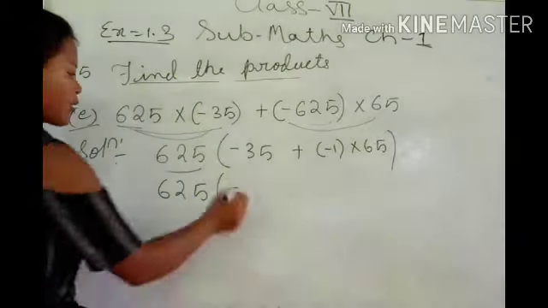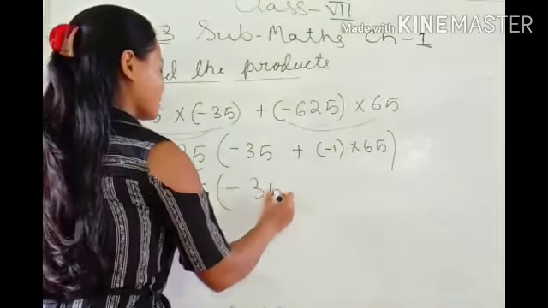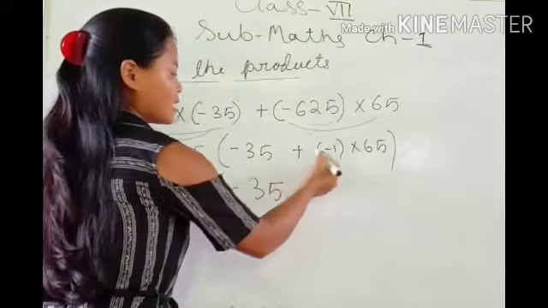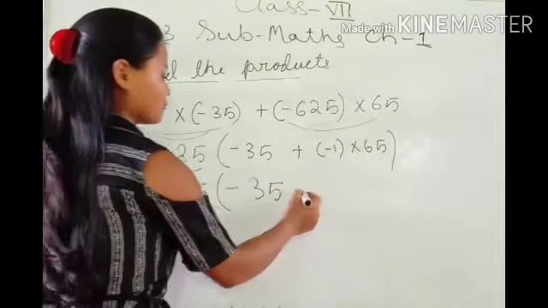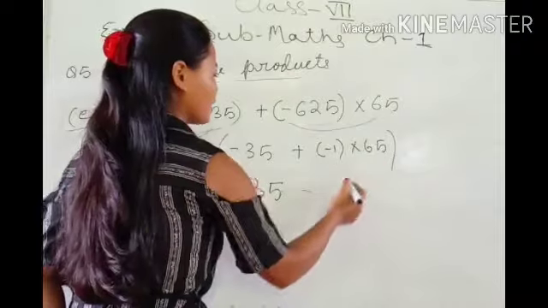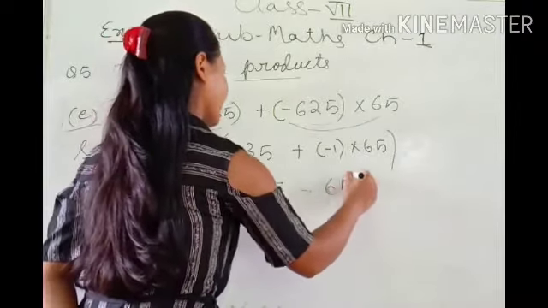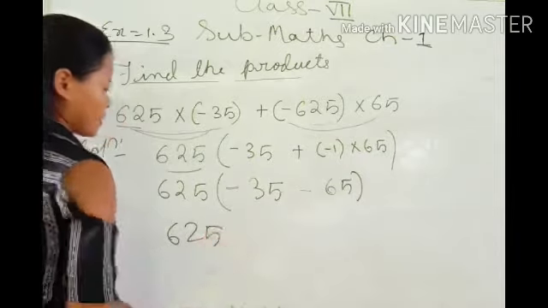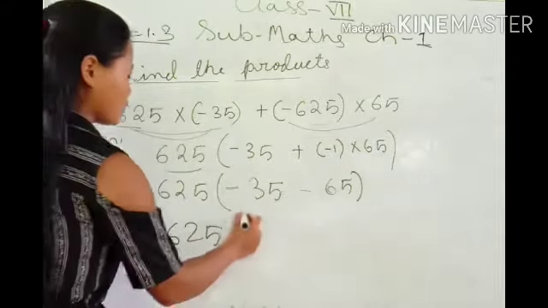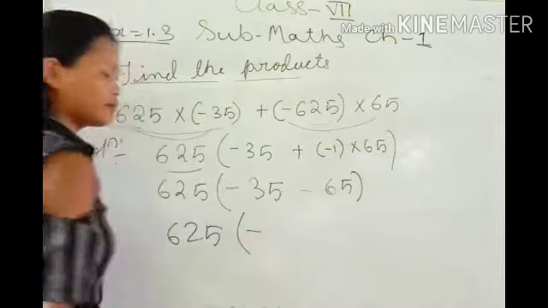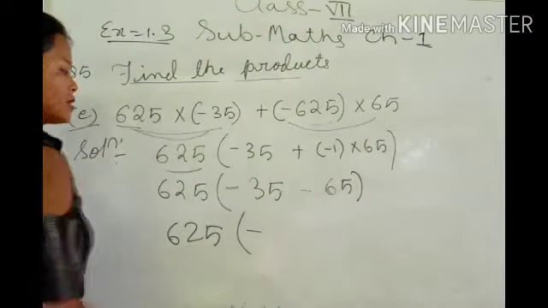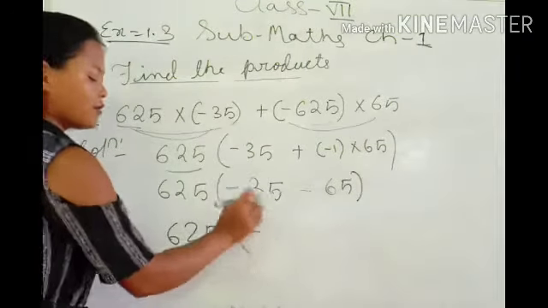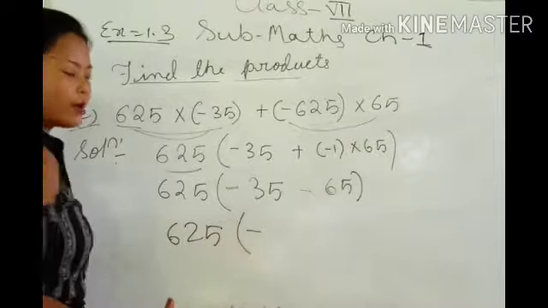625 multiply with minus 35, then plus and minus become minus, and 1 into 65 is 65. Now again 625 multiply, minus minus is plus. The sign is negative, but the sum will be plus.